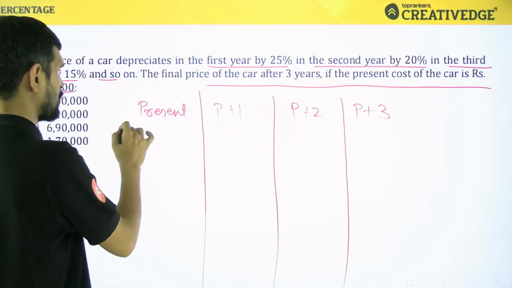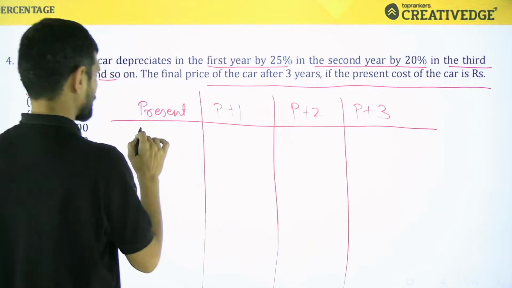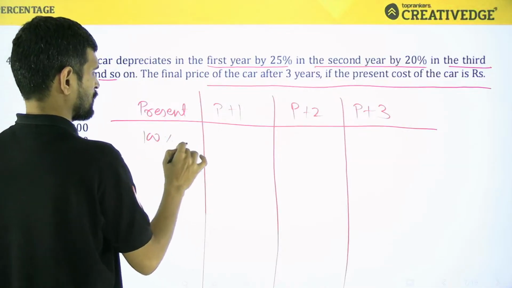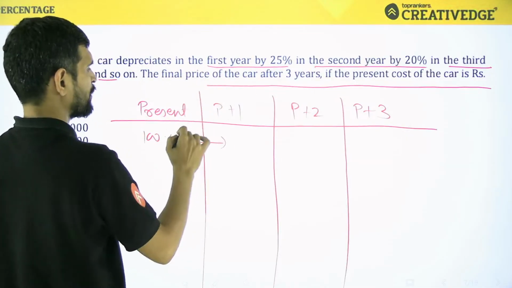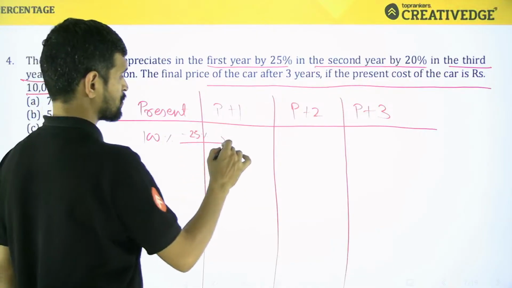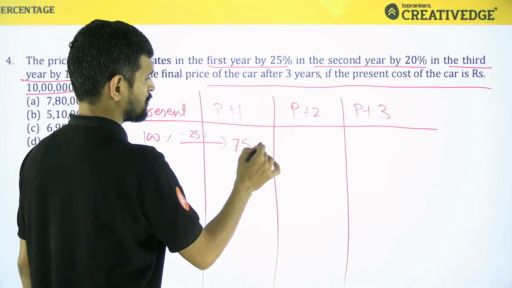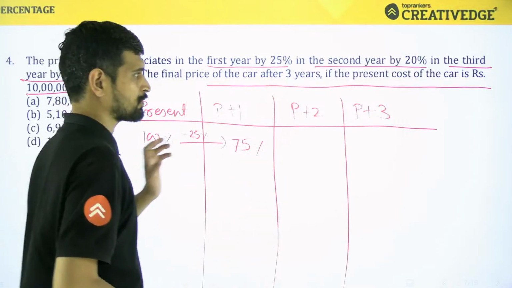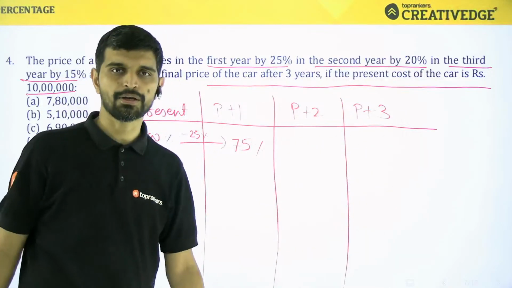So if it is 100% today, it will be reduced by 25%. So 25% of 100 is 25. That means 75% of present cost will be the cost after 1 year, right?